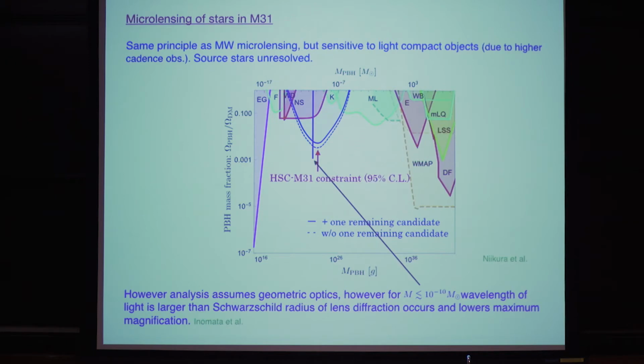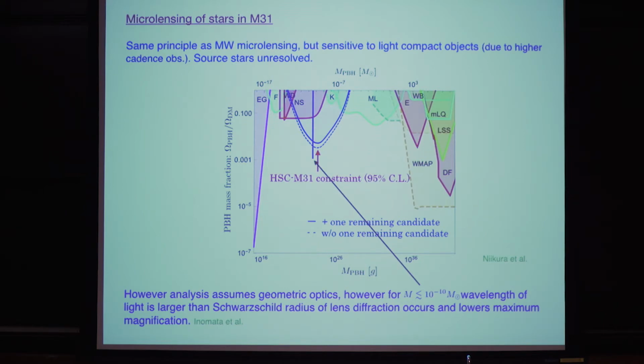More microlensing, this time from just over a year ago from M31, Andromeda, our nearest neighbour. Exactly the same principle as the Milky Way microlensing, but what this survey has done is looked at things with a much higher cadence, as in the observations are closer together, which means they're sensitive to short duration microlensing events, which means they're sensitive to lighter compact objects.